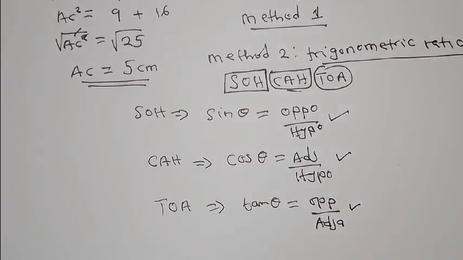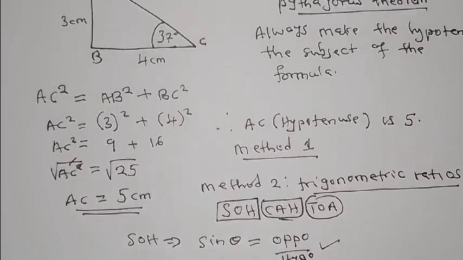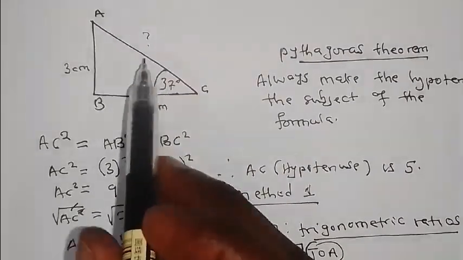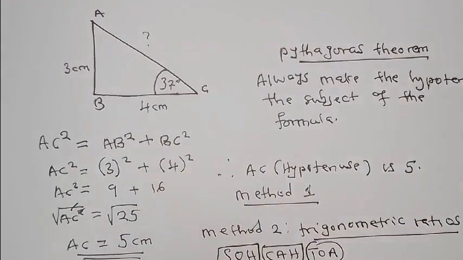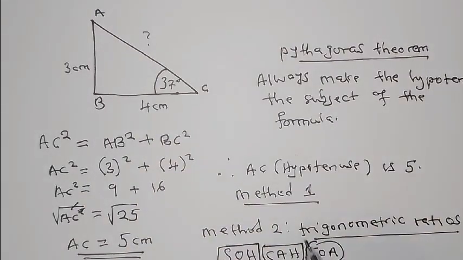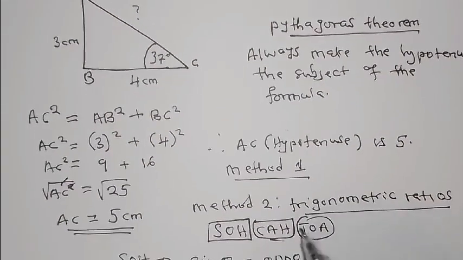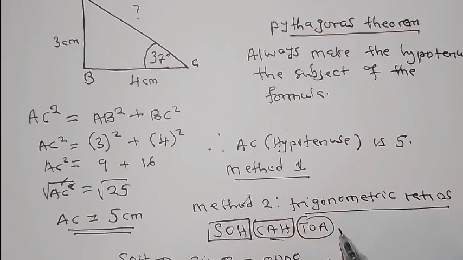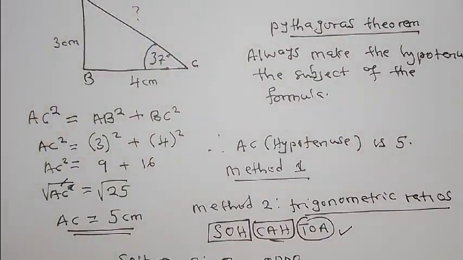What do you need to understand? We are looking for this side using method 2, which is using any of these ratios.